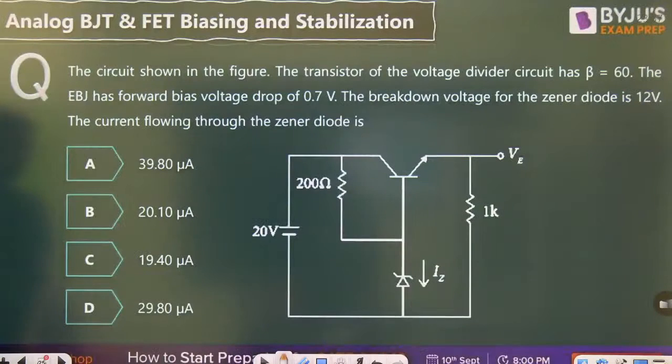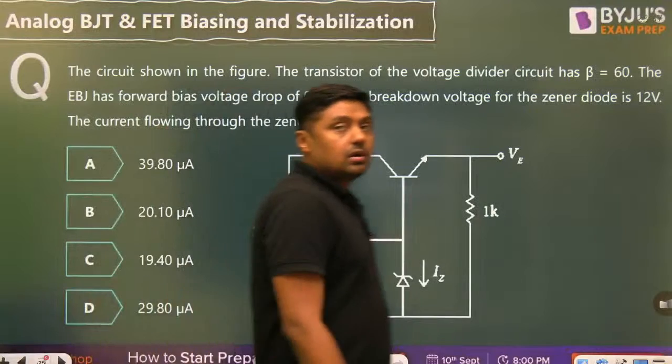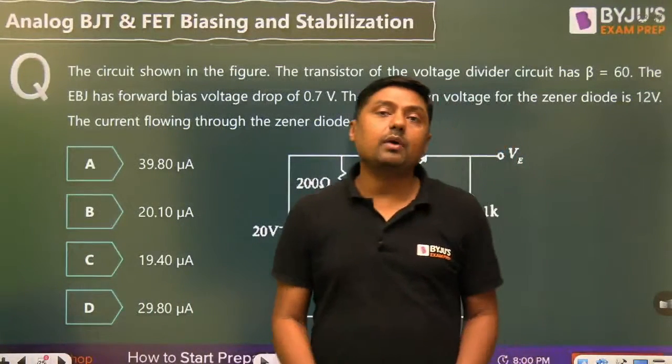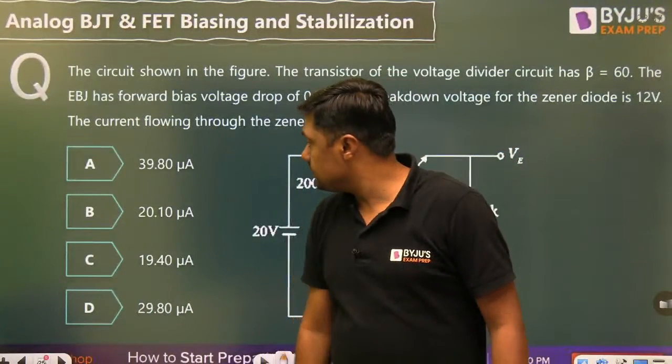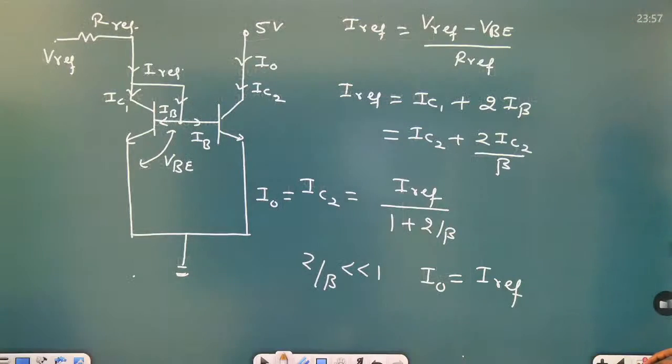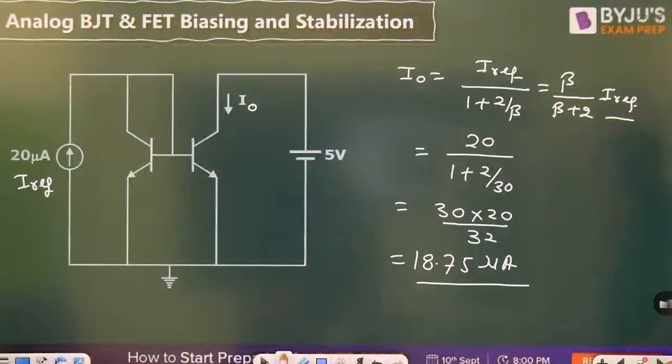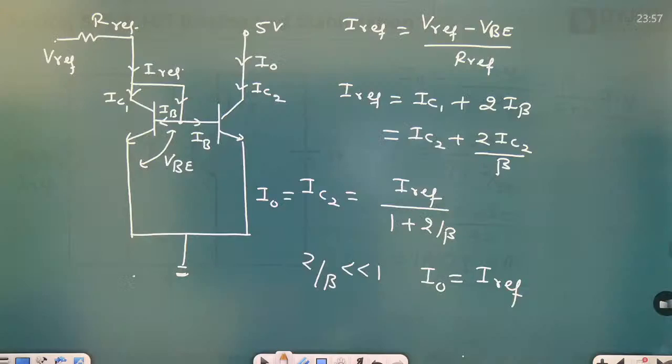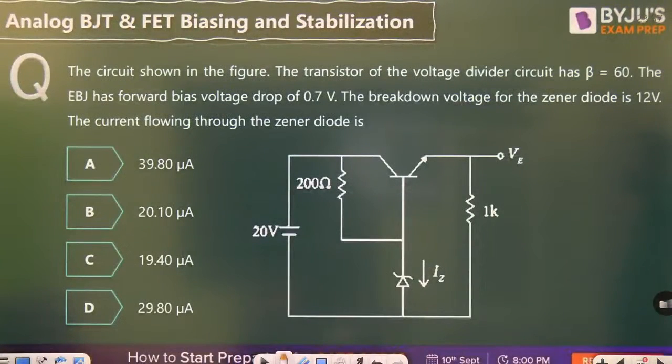Next one. This is again a question on current mirror. Now, this is a question on voltage regulator by using BJT. It is an MCQ. After that, we will solve an MSQ.